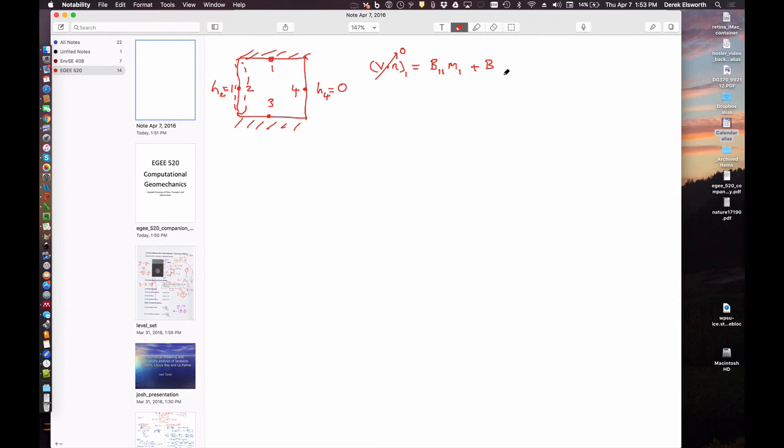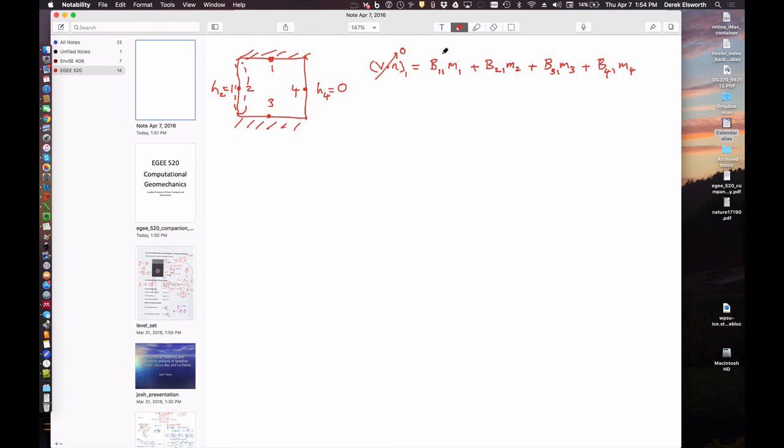I suppose we should figure out what our convention is going to be. So a source at location 2 that influences 1 and is of magnitude M2, and a source at location 3, which is applied at 3, has an influence in 1 and has a strength of M3. And finally a source that's placed here, located at location 4, applied on 1, and has a source strength of M4. And so that's our expression that would describe that behavior.